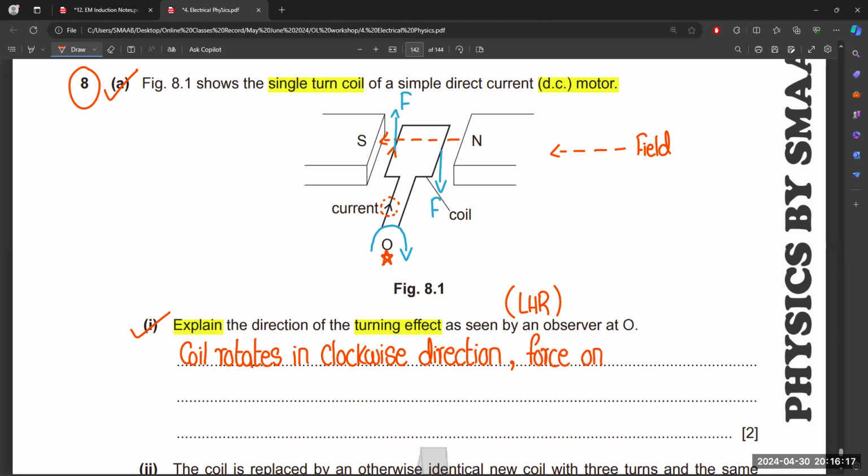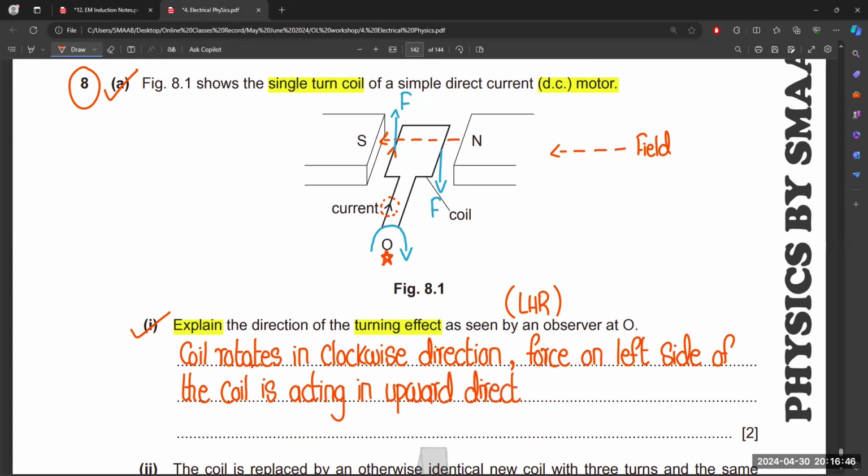Force on left side of the coil is acting in upward direction.